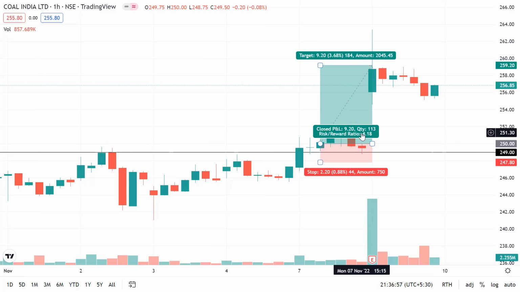But this is something which does not happen all the time. Most of the times I get maybe 1 is to 2 or 1 is to 3. 1 is to 4 is really big for me at this point, because in the trades that I have taken in my past, I have never achieved a risk reward ratio of 1 is to 4. So saying that, this trade was really good.